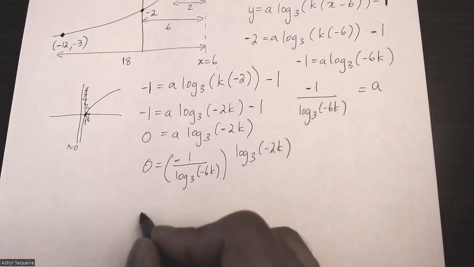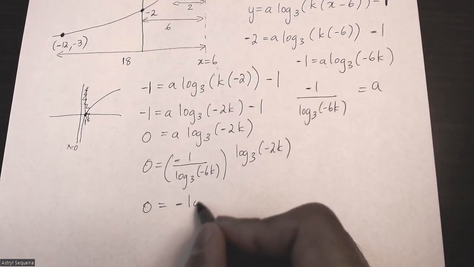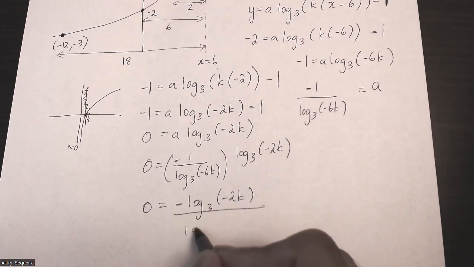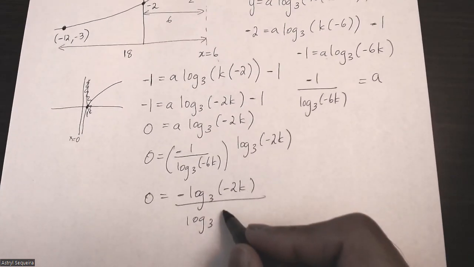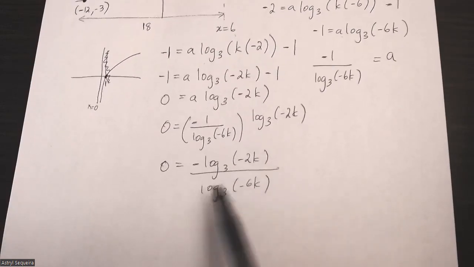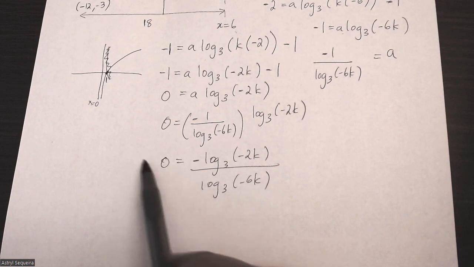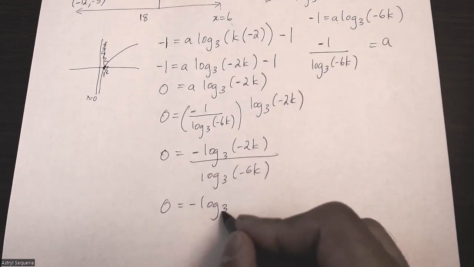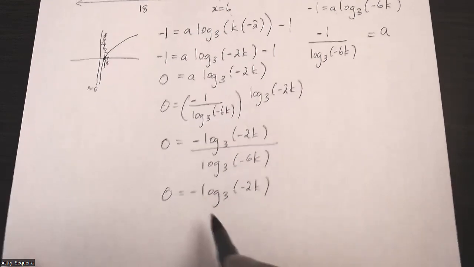Now I'll just multiply these two to simplify it. So negative log 3 of negative 2k divided by log 3 of negative 6k. Now I just have to solve this equation for k, so I'll just multiply the denominator across with 0. It just disappears: negative log 3 of negative 2k.